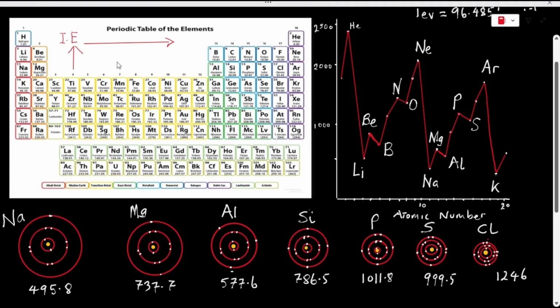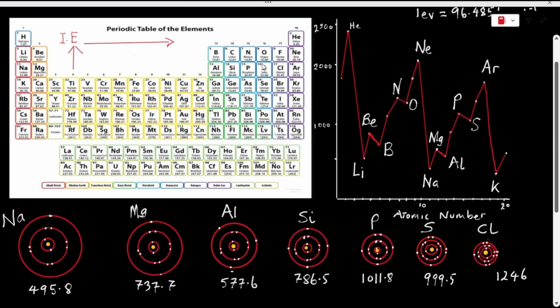But there are exceptions to this general rule. There are some anomalies across the periodic table. Group 2 elements and group 13 elements show this exception to this general rule, and group 15 and 16 elements also show exceptions.